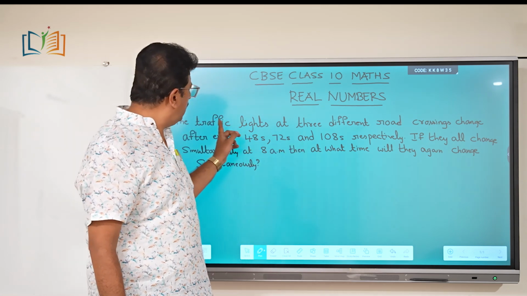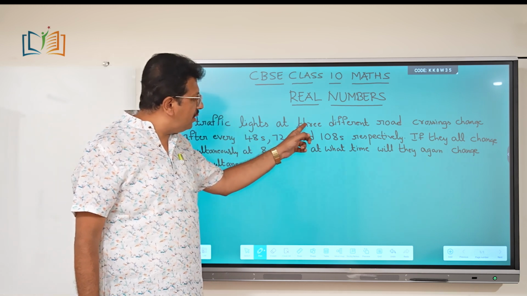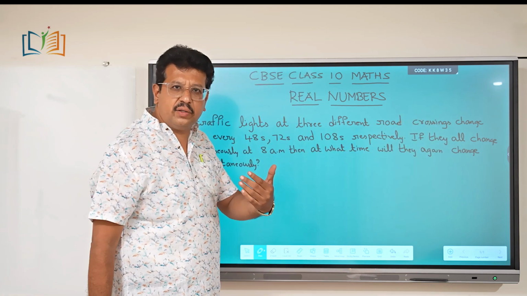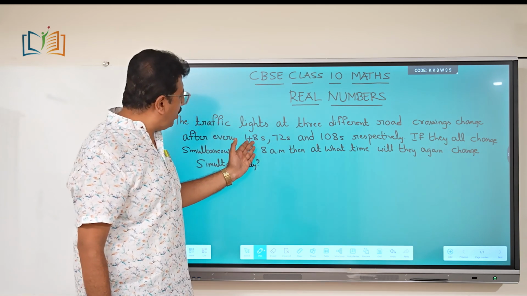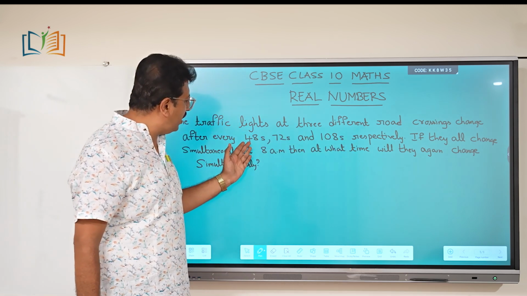So students, let me talk about this sum now. The traffic lights at 3 different road crossings change after every 48 seconds, 72 seconds and 108 seconds respectively. You know traffic signals, all of you know very well.